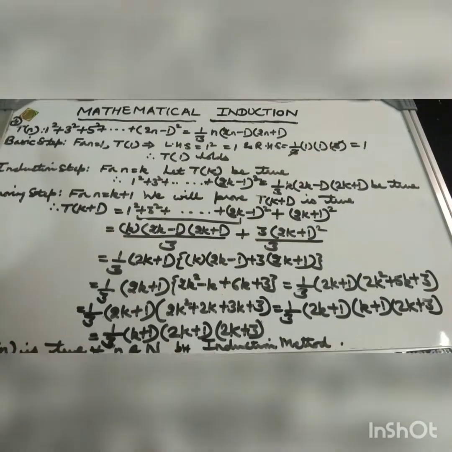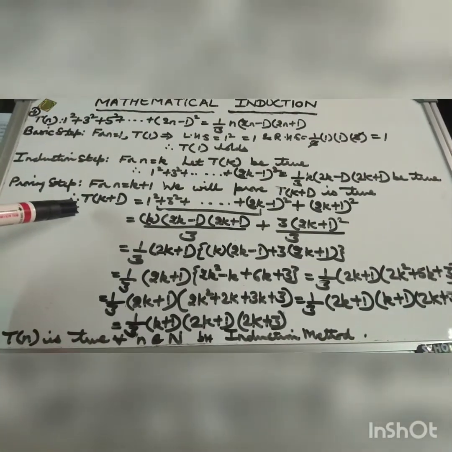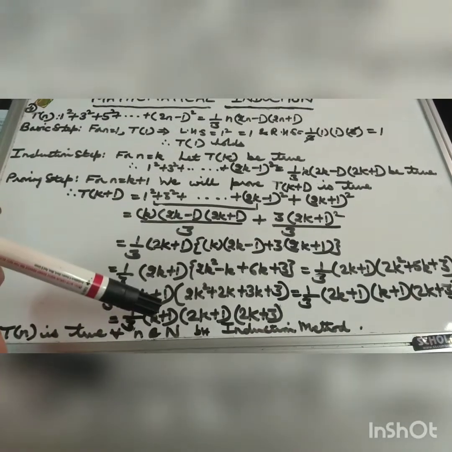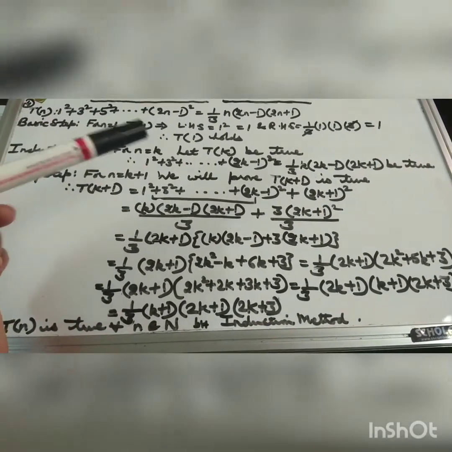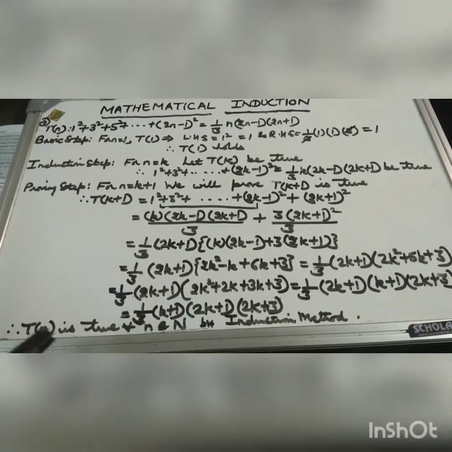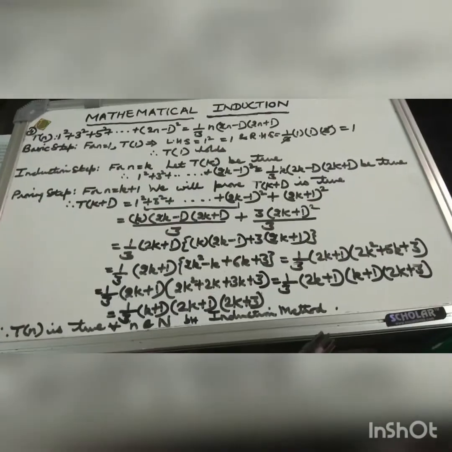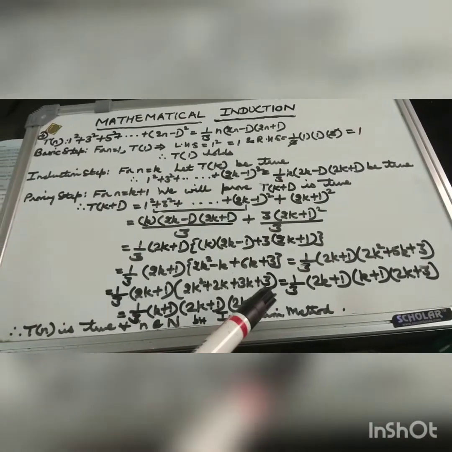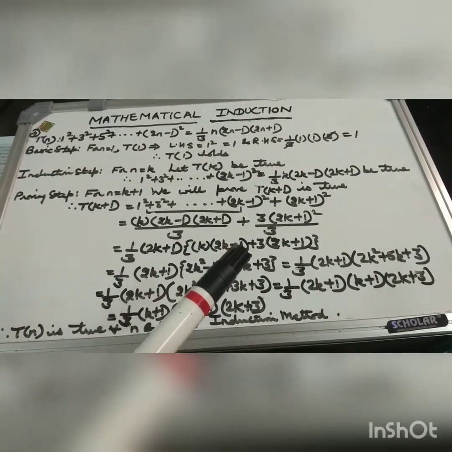That is, the concept is that first you go to basic step, then go to induction step, then go on to proving step. And after proving step, getting the right hand side equal to left hand side, whatever required according to the statement, we say that Tn is true for all n in N by principle of mathematical induction. This is what the complete proof involves.